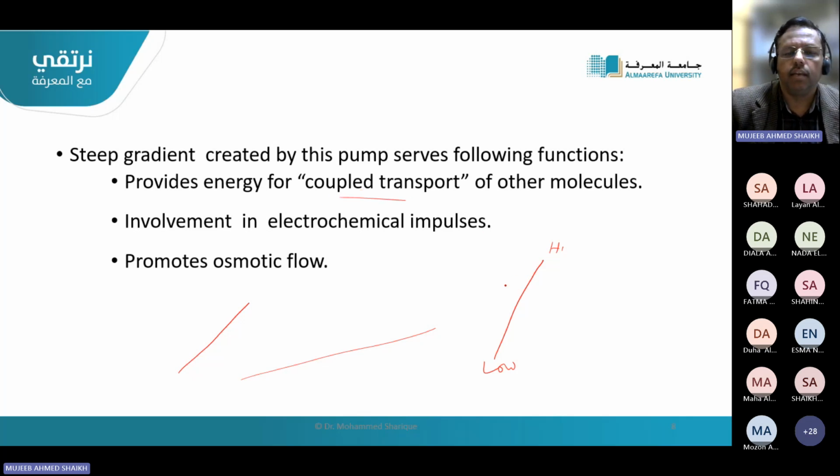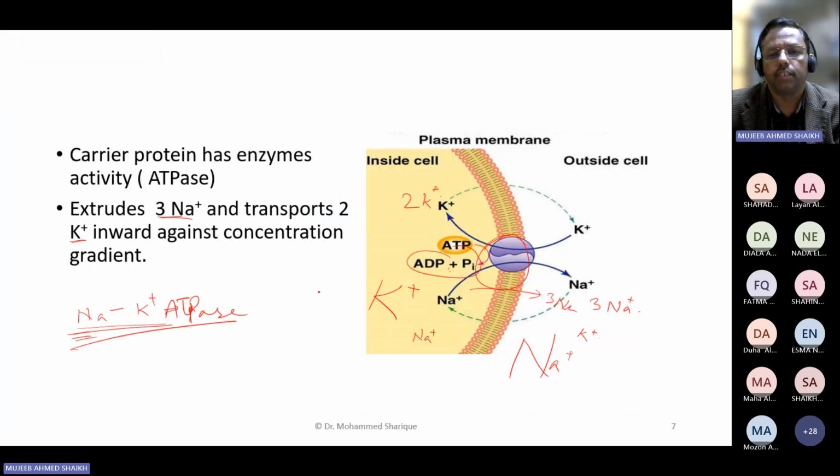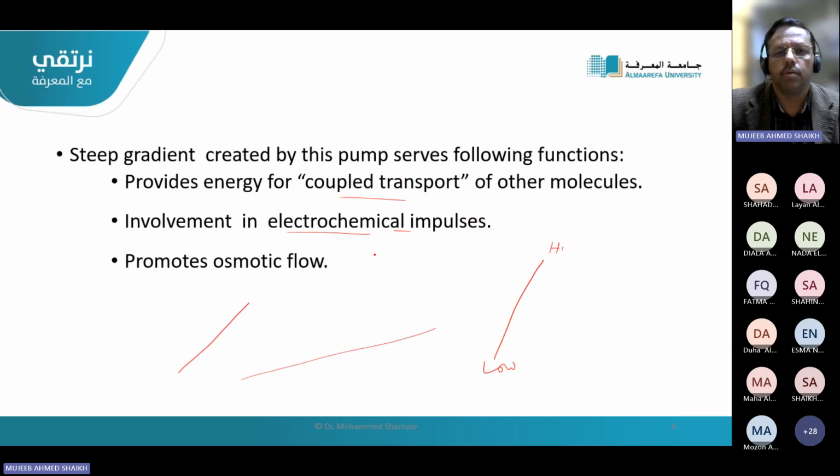Because of this gradient, many other molecules will be transported. I will show you examples. It also creates electrochemical impulses; the sodium potassium ATPase pump is responsible for electrochemical impulses. And it also promotes osmosis.